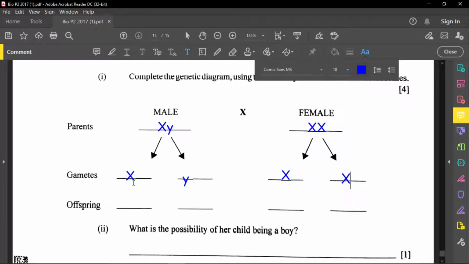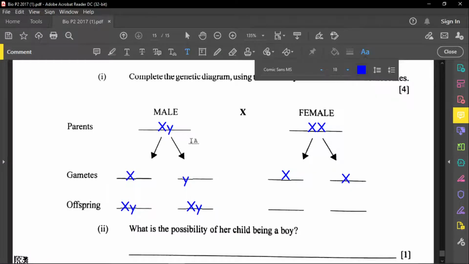To get a male, the Y from the male merges with any of the X from the female. Since we have two X's, this Y could merge with either of them. So here we get XY, and here we also get XY.